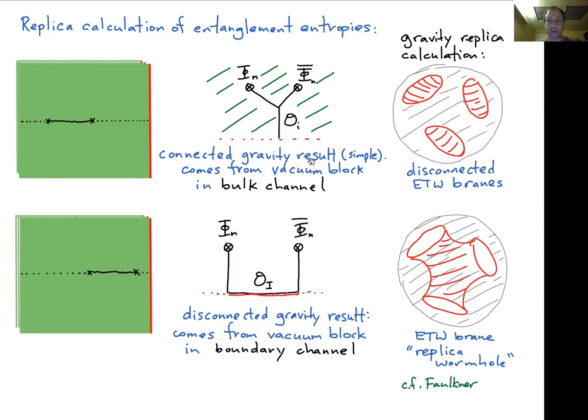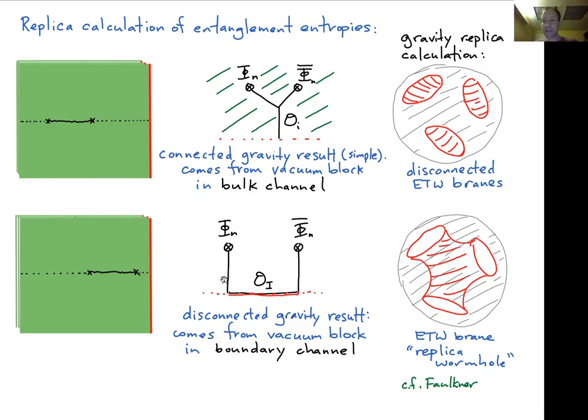You can understand the difference between the two phases this way: you'll notice we have n boundaries here, and those extend into the bulk somehow. In this phase, the gravity calculation gives you n disconnected end of the world branes, whereas in this phase, in the gravity picture, you just have some connected geometry.